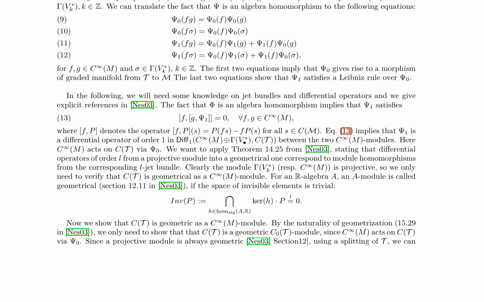Applying theorem 14.25 from NES 03, ψ corresponds to a module homomorphism from the jet bundle. The module is shown to be geometrical as a C∞(M) module, and thus, by the naturality of geometrization, it is also a geometrical module.